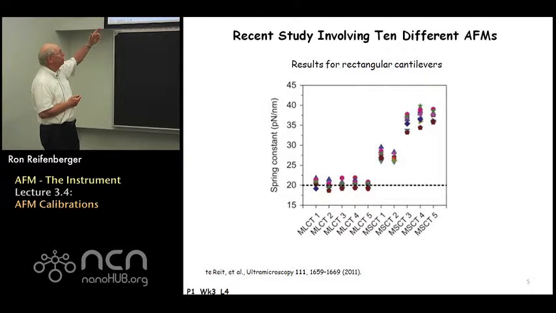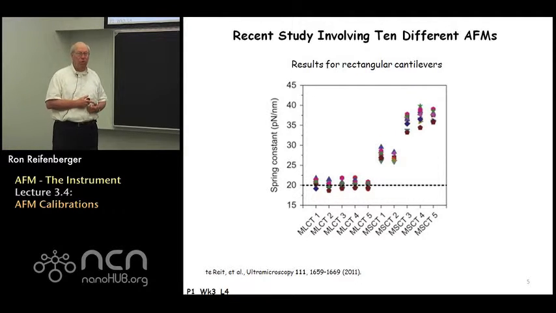And what you can see is that even though different companies or different research groups are using AFMs from different companies to calibrate the cantilevers, and even though the cantilevers used in this study are identical, there's still a range of K values that are achieved by these calibration techniques that will be discussed in part 2 of the course.